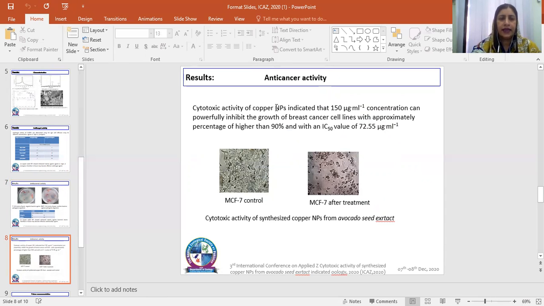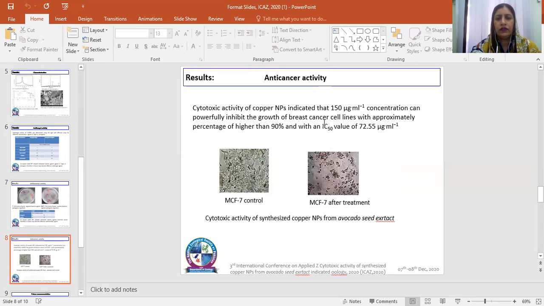The anti-cancer activity was also determined for the synthesized copper nanoparticles against breast cancer cell lines. You can see the breast cancer cell line for the control, and these are the pictures for the treated breast cancer cell line.